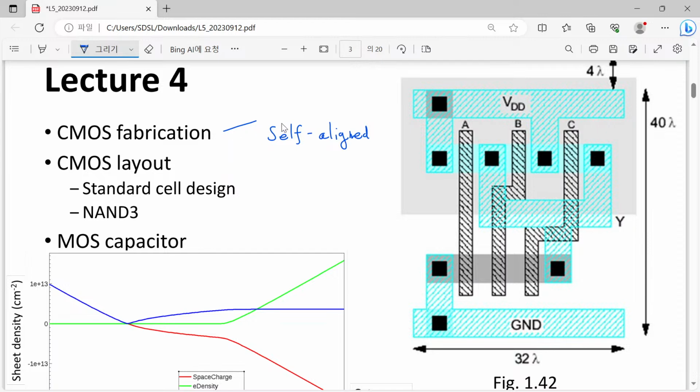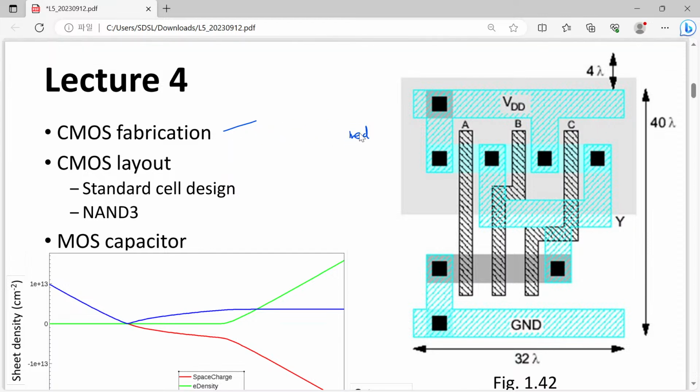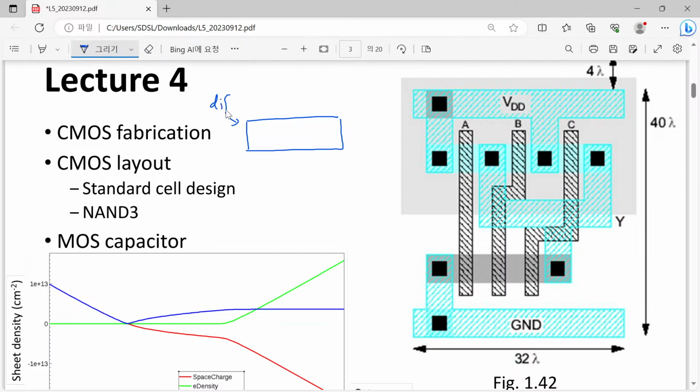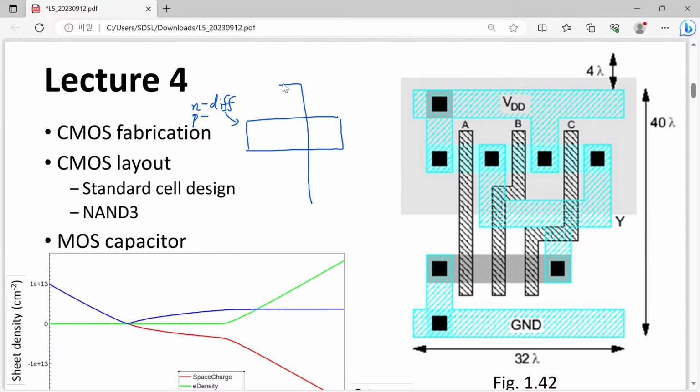After that we talked about CMOS layout. Basically a MOS transistor can be thought of as just the cross section of two things. One is the diffusion area, so depending on your type you can have N diffusion or P diffusion, and also you have a vertically running line called poly.